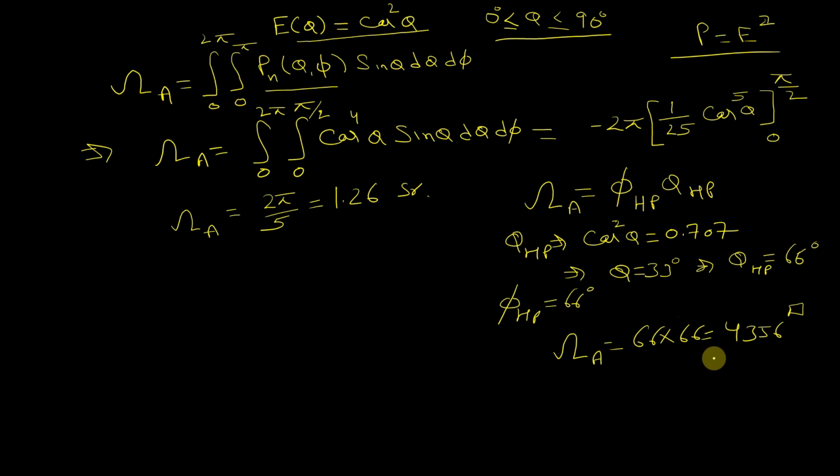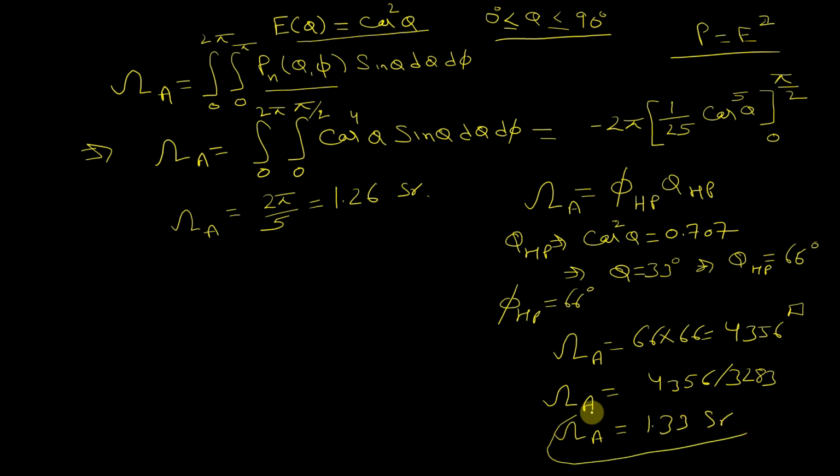Now we can convert it into steradian by dividing it by 3283. That will be equal to 1.33 steradian. So this is approximately equal to the 1.26 steradian. So this is another method of solving for beam area.